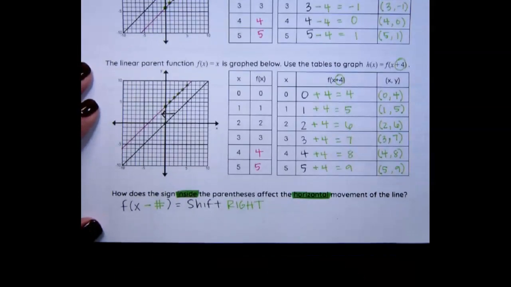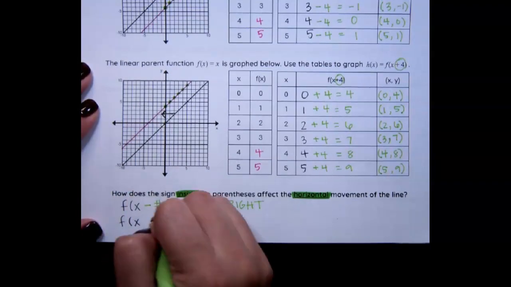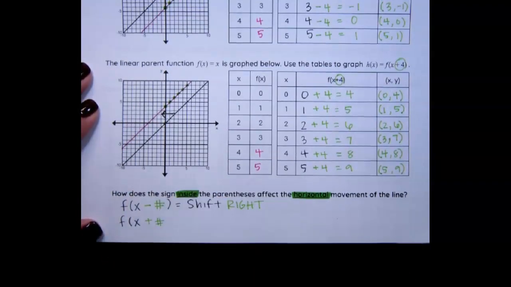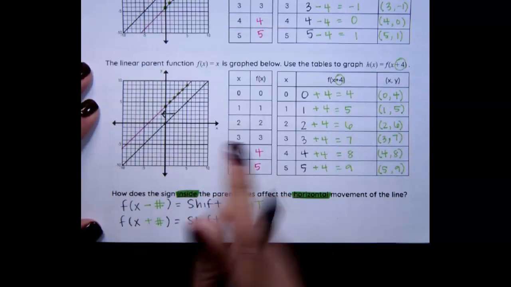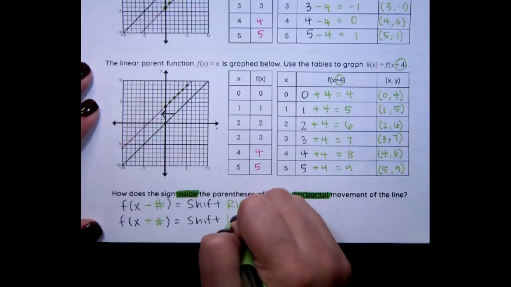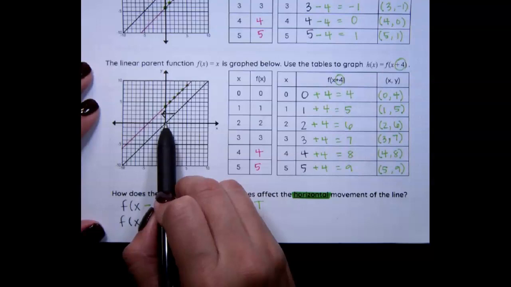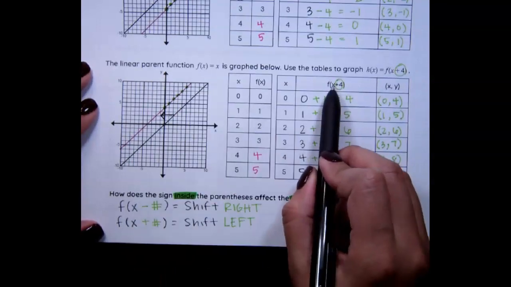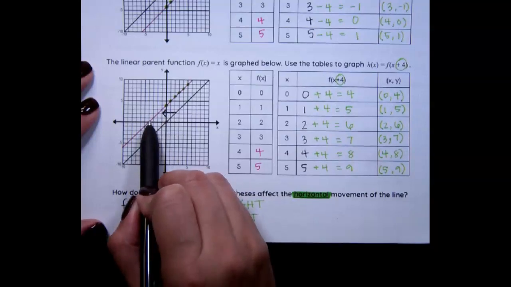Okay. Well, now when we have the opposite, when we have plus a number inside the parentheses, that is going to cause a shift left. If you think about what we did was we took the x-intercept, because it's inside the parentheses next to the x, and we moved it over. In this case, we moved the x-intercept to the left 4 spaces.